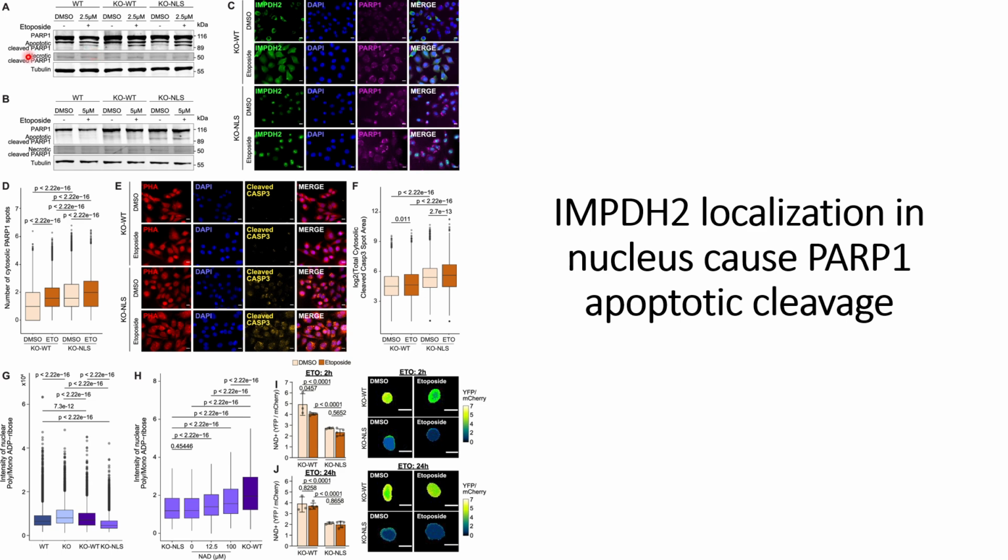and they are able to see these apoptotic cleaved PARP1 signals in wild type cells, in the knockout cells that are supplemented with the wild type IMPDH2, and the knockout cells that are supplemented with this modified IMPDH2 that has this NLS sequence.